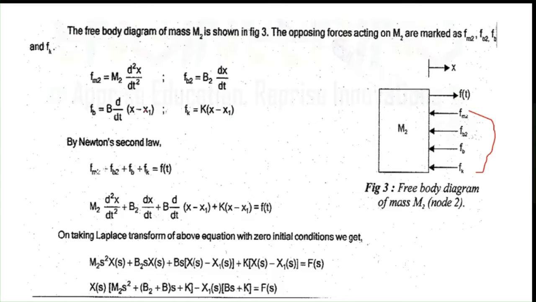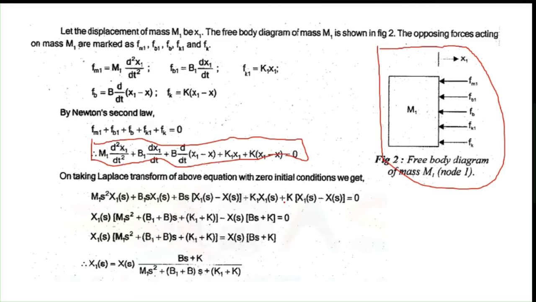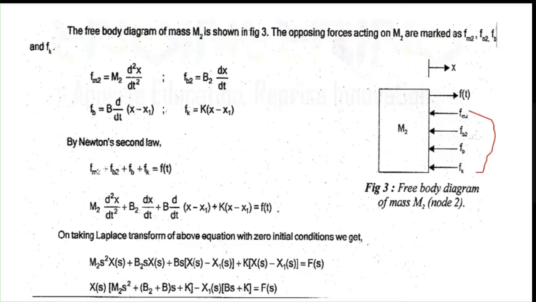Now apply this equation. m2 into d square x by dt square plus b2 into dx by dt plus b into d by dt of x minus x1 plus k into x minus x1 is equal to f of t. This is the equation. So this is equation 1 and this is equation 2.